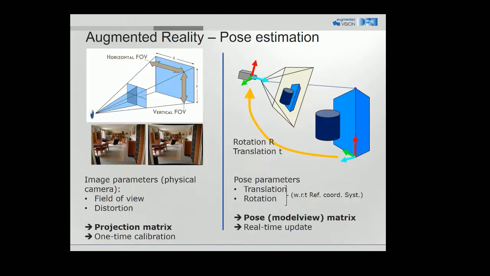But the question is, how do we do that? How do we know where our camera is in the real world? Well, it's pretty simple. We can always have a coordinate system in our image, and then our camera's movements are tracked according to this coordinate system. But how do we define such a coordinate system?